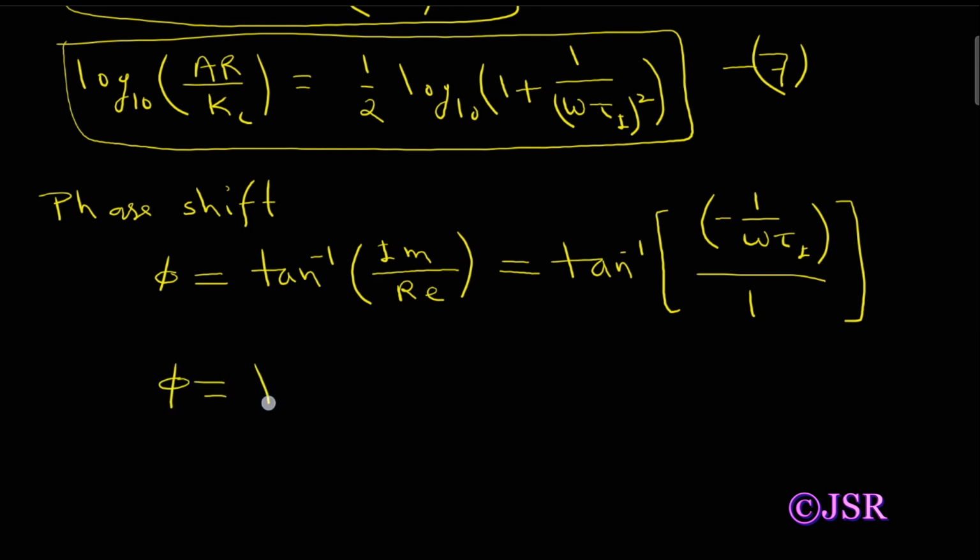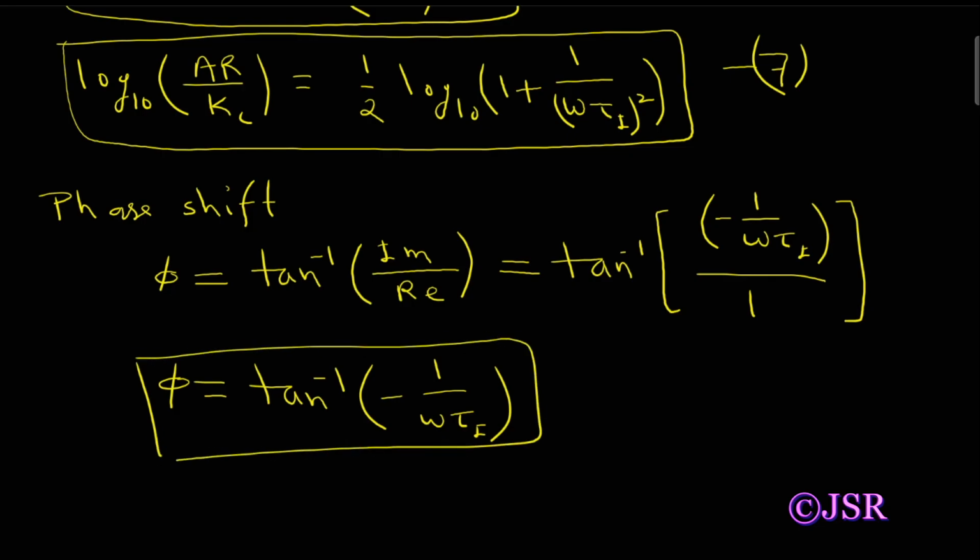So the phase shift is tan inverse of minus 1 upon omega tau I. So this is equation number 8.